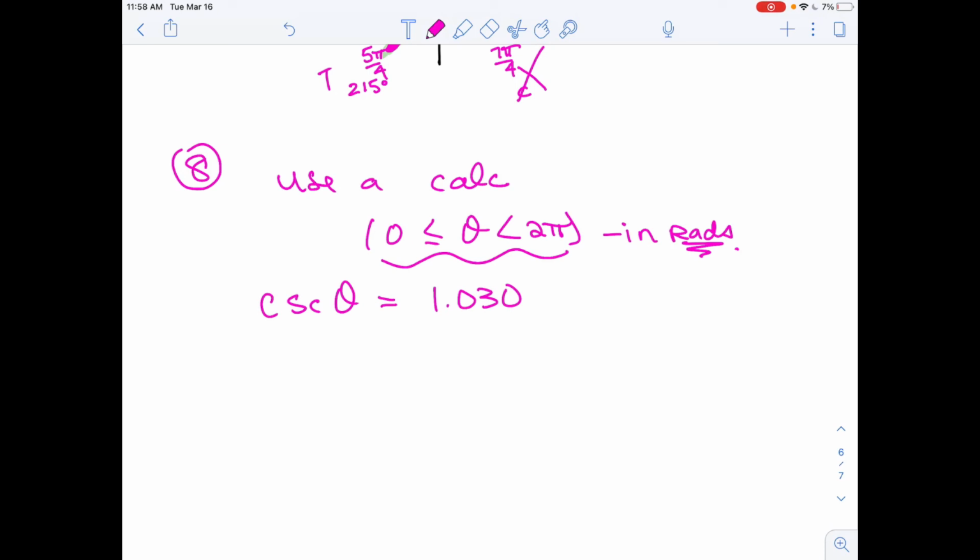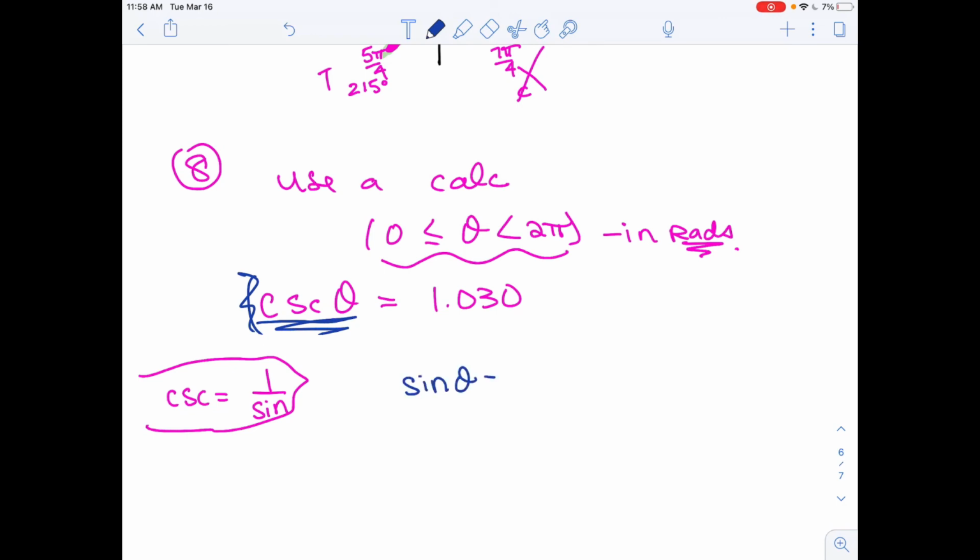So remember, if we know that cosecant is equal to 1 over the sine, then in order to get cosecant to come off, we have to do the inverse. Well, actually, we can change this way first. If cosecant of theta is 1.030, then I can say sine of this angle is going to be 1 over 1.030, right?